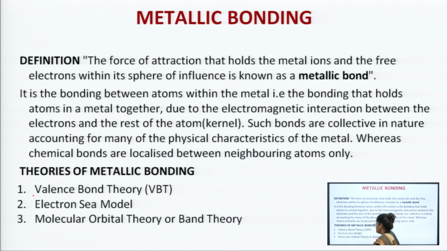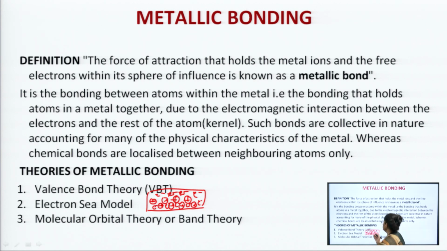In the electron sea model, it was proposed that the kernels are embedded in a pool or a sea of electrons. It was assumed to be something like this. There are plenty of kernels, that means atoms which have lost their electrons, and the electrons are somewhere around them, not really closely associated to them.